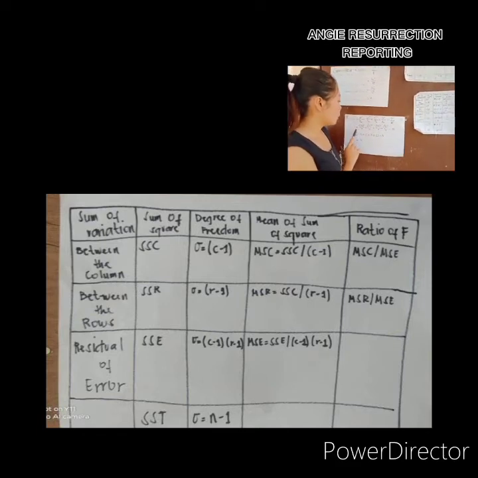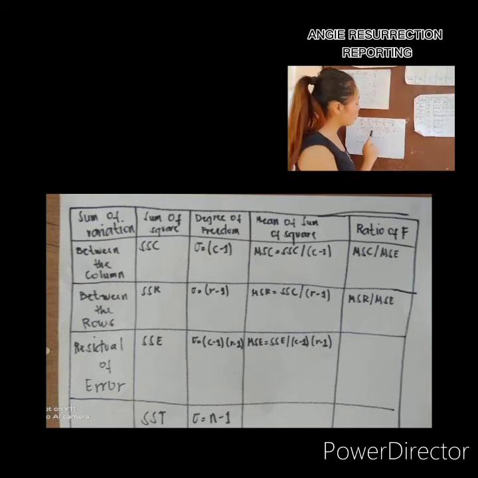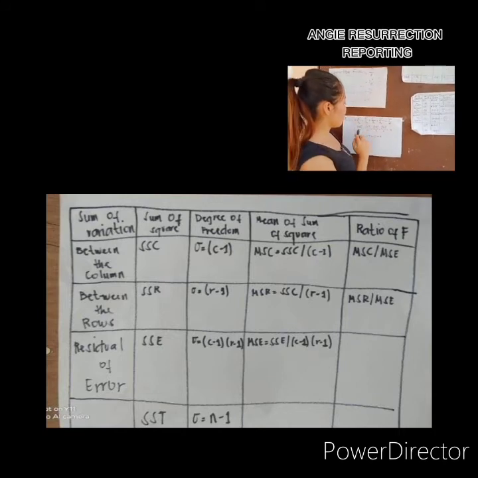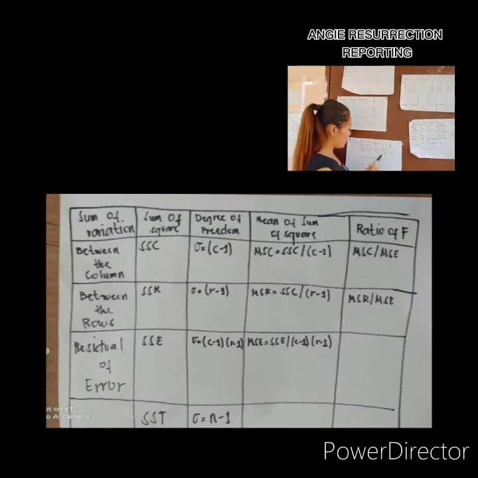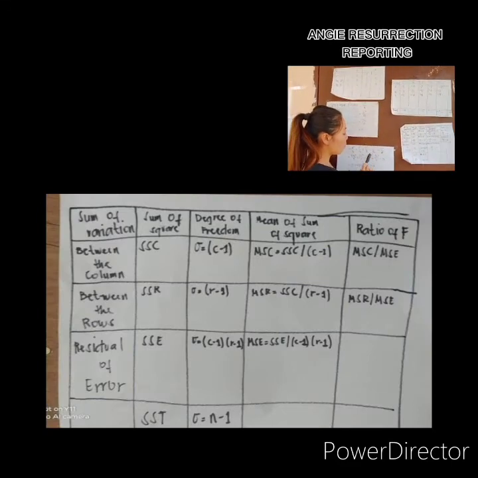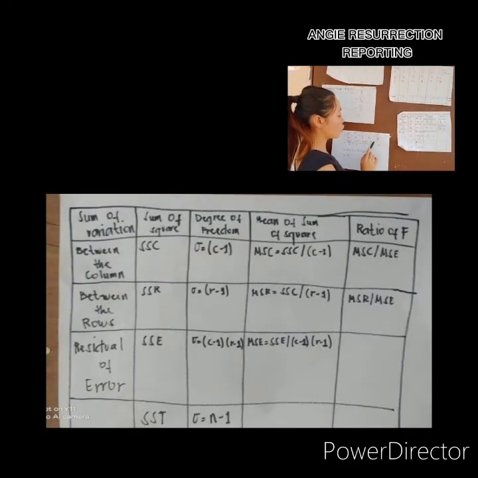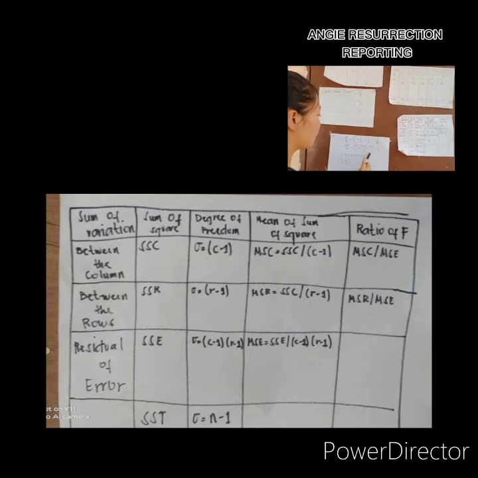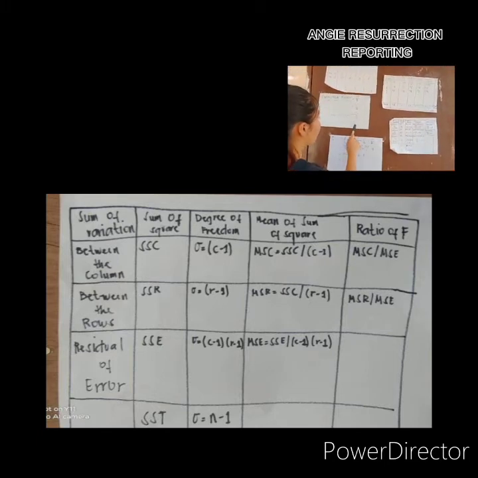So it's equal to A squared over NA: 3 minus 3 squared plus B squared 0 squared over 3, plus 3 squared minus 3 plus 6 squared over 3, minus the correction factor, which is 3.